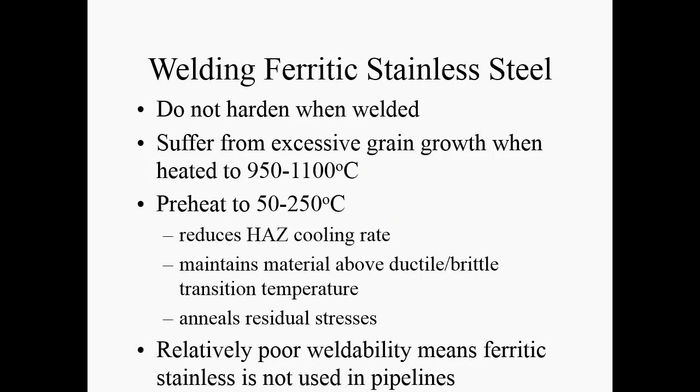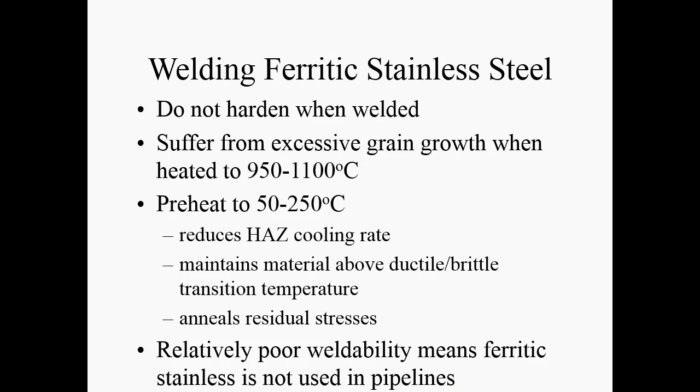So you can lose the mechanical properties by welding, certainly in the heat affected zone. In order to avoid this, you have to preheat to 50 to 250 degrees C, which reduces that cooling rate and smears out some of the differences in properties.